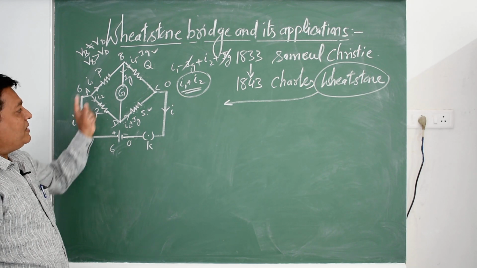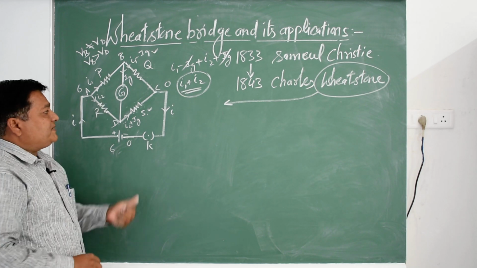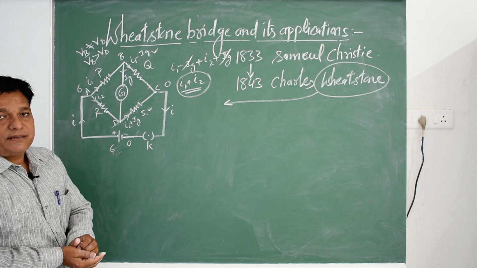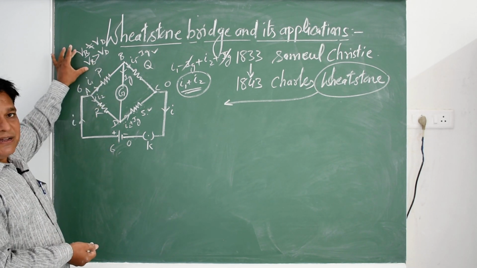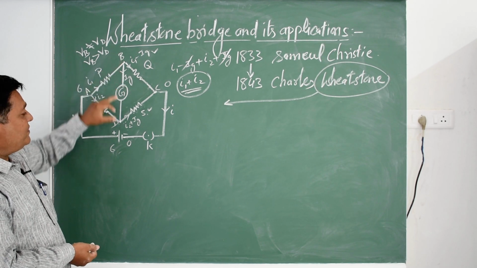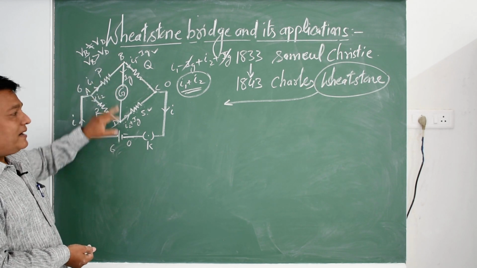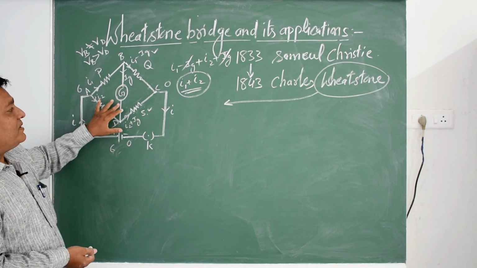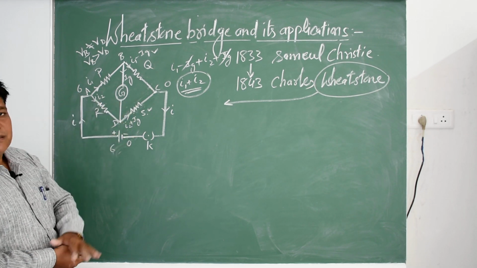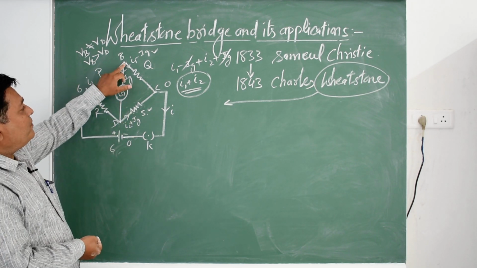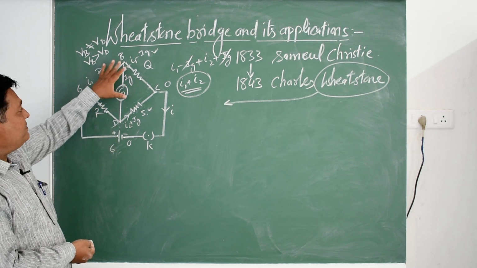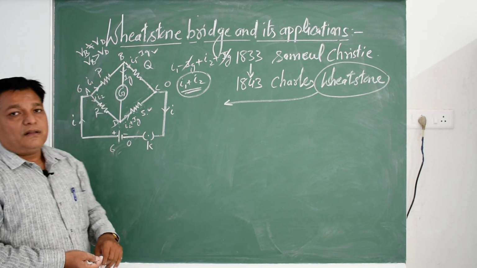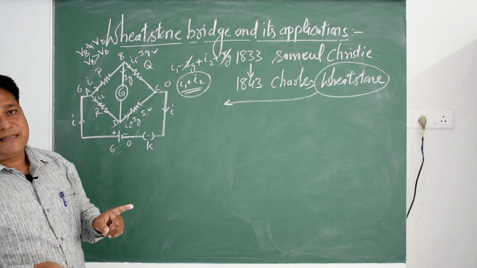Now, one by one, we will see both conditions of this device. Unbalanced condition we have seen: whenever there is a potential difference created at B and D, current will pass through the galvanometer. Suppose there is no potential difference at B and D, meaning VB and VD are both equal.